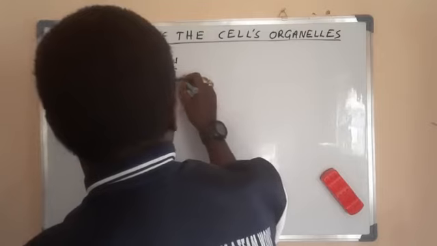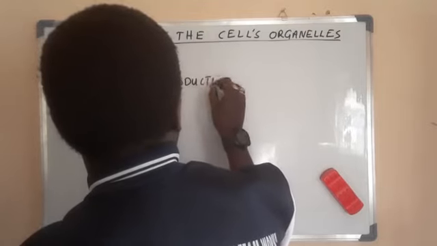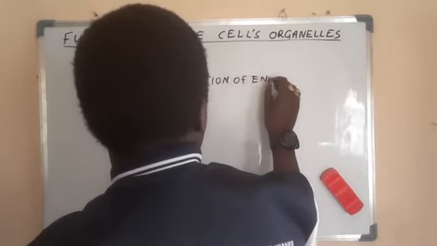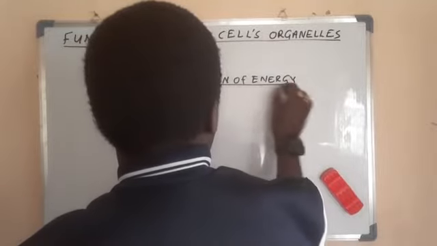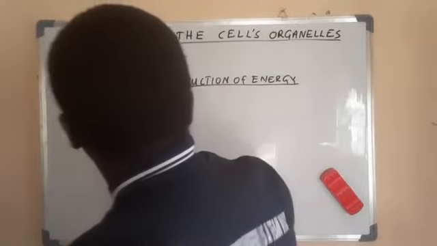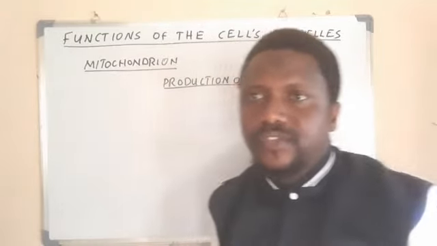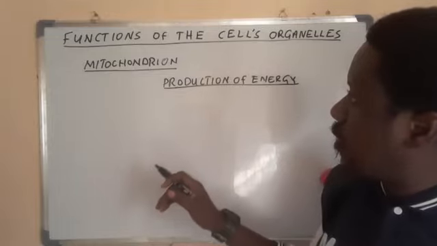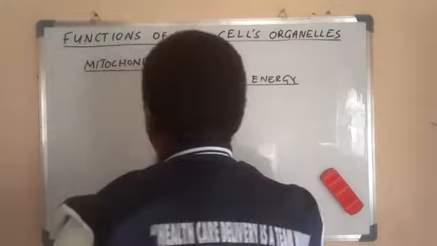production of energy. So production of energy can only be possible when a molecule called adenosine triphosphate is synthesized.